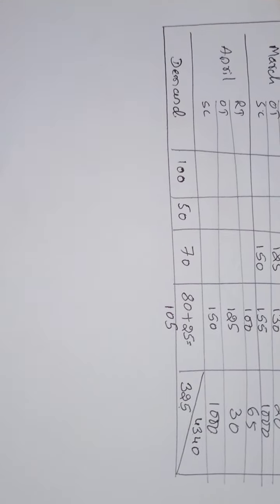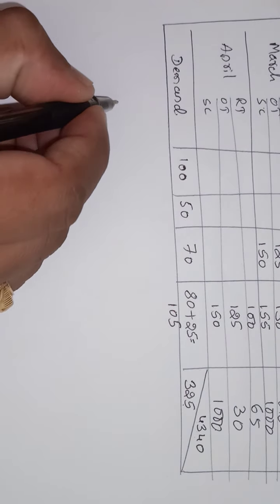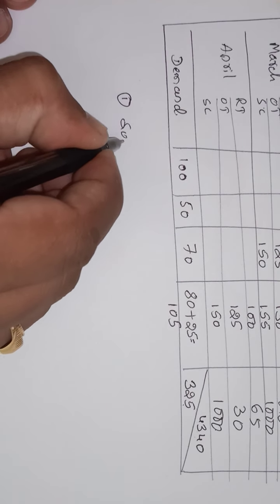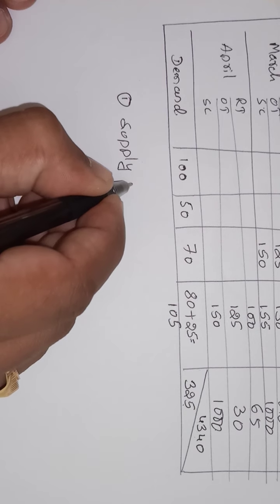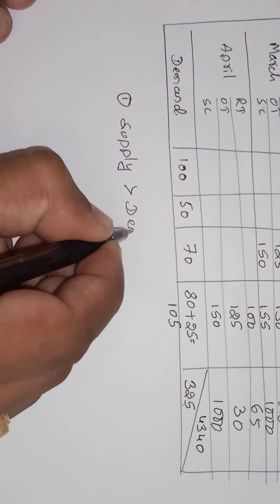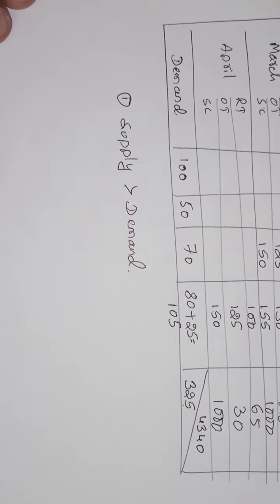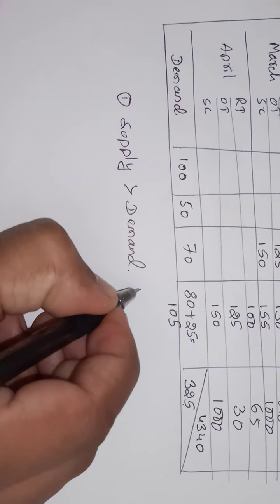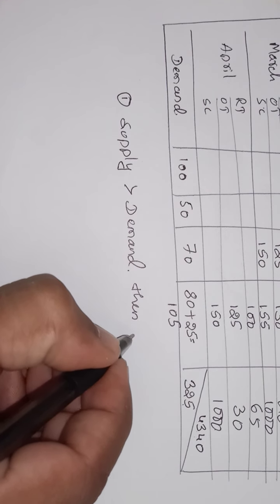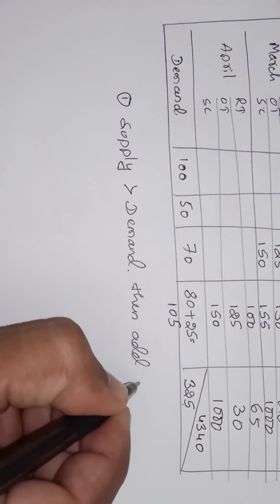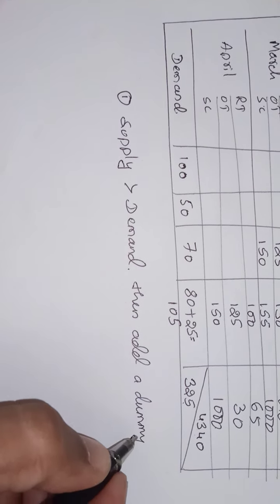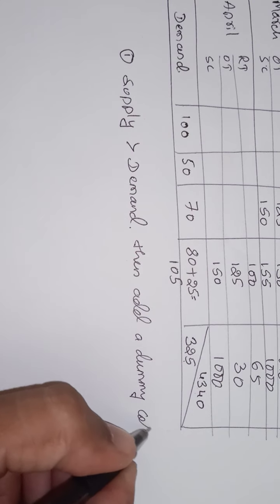So what are the conditions? There are two conditions. The first one is, if supply is greater than demand, then add a dummy column.